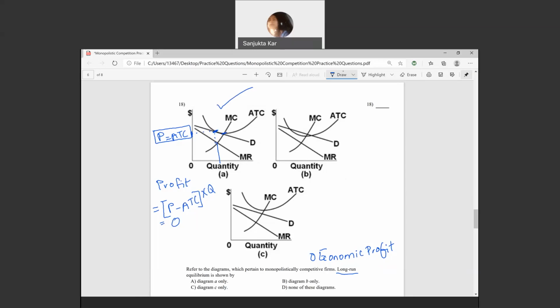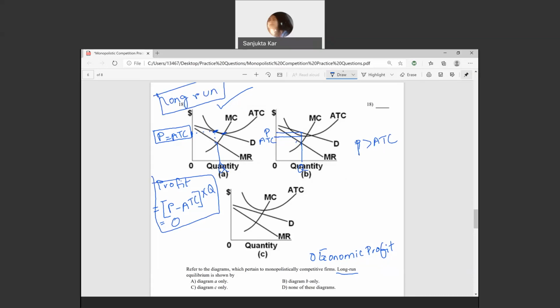If you look over here, this is the output. This is going to be the price. The average total cost is below the price. This is not a long run. Just do not make this mistake here. Only in the long run do we have zero economic profit.